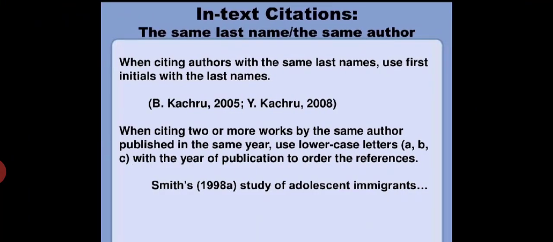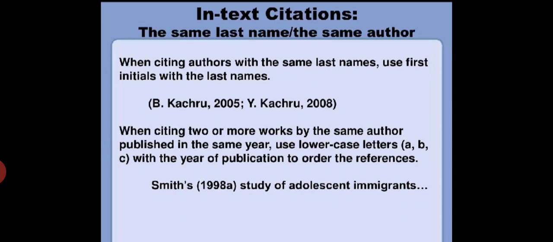In-text citation, the same last name, the same author. When there are two authors with the same last name, or the same author whom you are quoting more than once, what technique would you use? When citing authors with the same last name, use the first initial with the last name so that the reader understands that these two are different, like B. Kachru, 2005, and Y. Kachru, 2008.